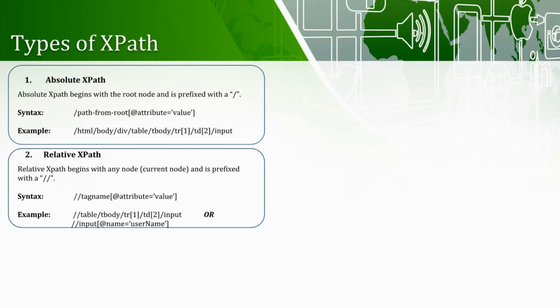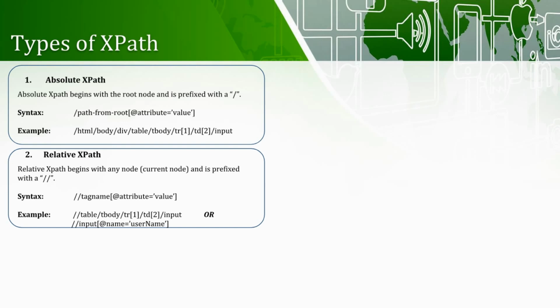In order to have a better understanding of the difference between absolute and relative XPath, we can consider a web application which is dynamic. The absolute XPath and relative XPath for finding a particular web element on that dynamic web application will work fine.